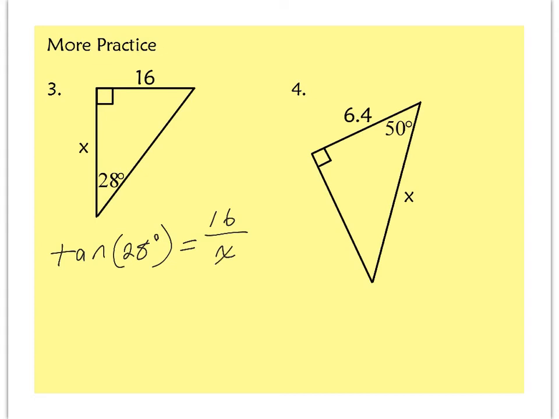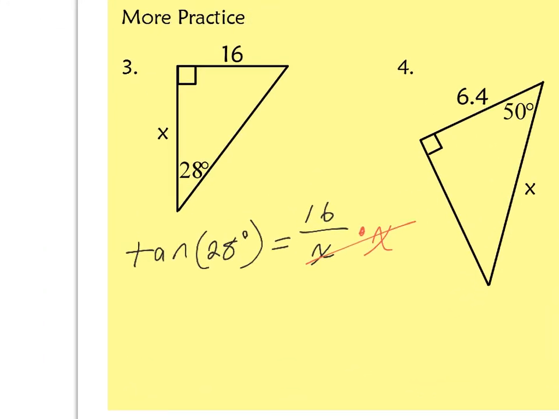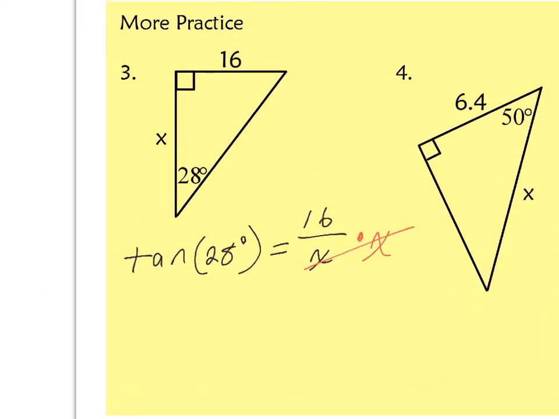I need that x by itself. So since it's on the bottom, I'm going to have to multiply by x. It's going to get rid of it on that side. So now I have x times tangent of my reference angle, 28 degrees, all over 16.